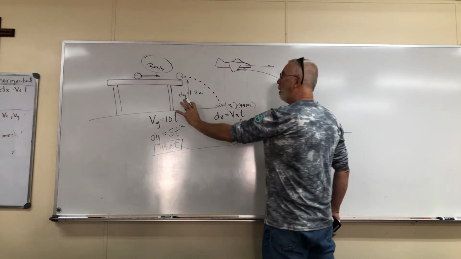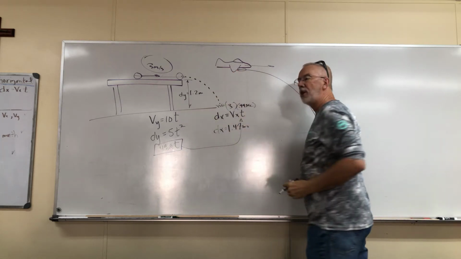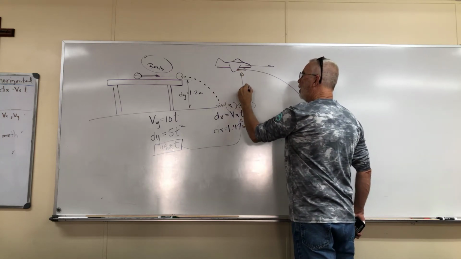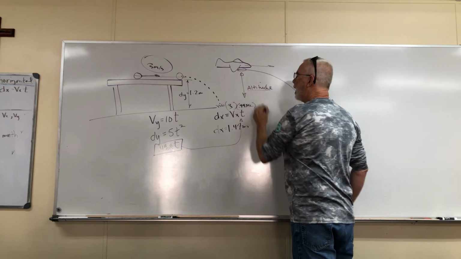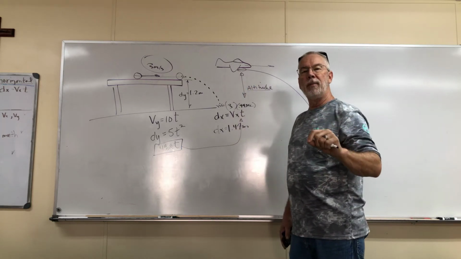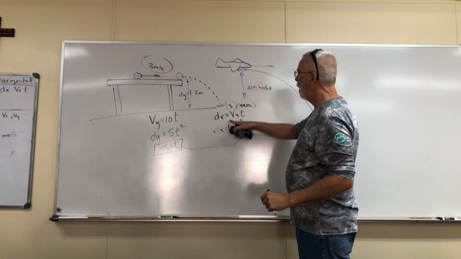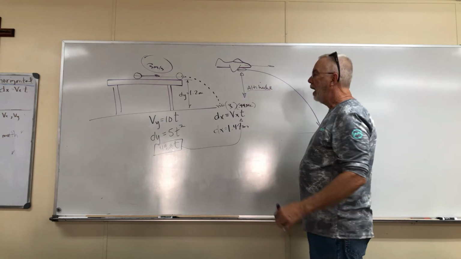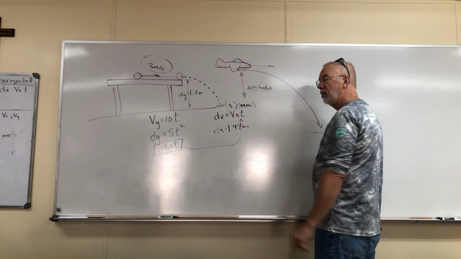And like the ball on the table, the bomb was only moving horizontally at some altitude, right here. If we could use that altitude to figure out the time it's going to fall, then we attach that to this equation and figure out the velocity that the airplane is traveling, and we can locate the position of the bomb when it hits the ground.